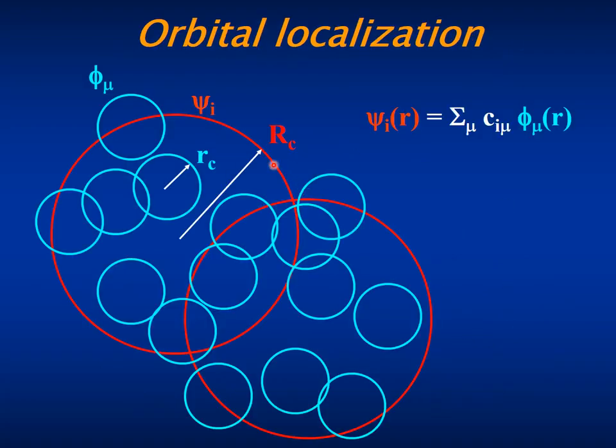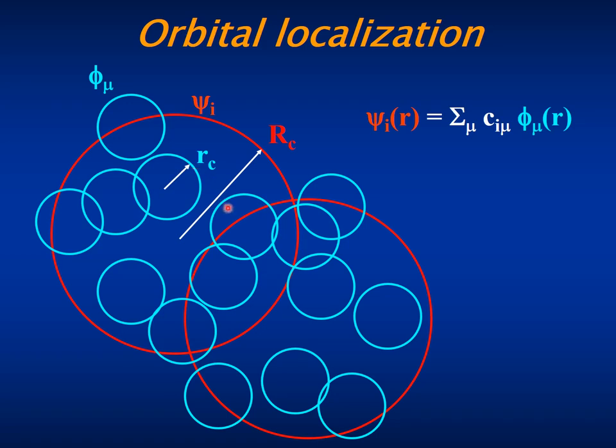To expand these localized Wannier wave functions, or in general any electron wave functions, localized or not, Siesta uses a linear combination of basis orbitals, which are also strictly localized within some radius that will be different for each basis orbital.